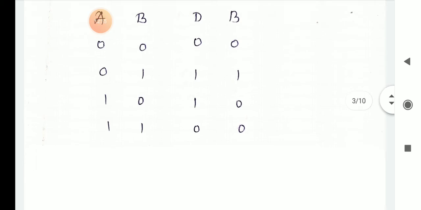So this is the truth table of the half subtractor.